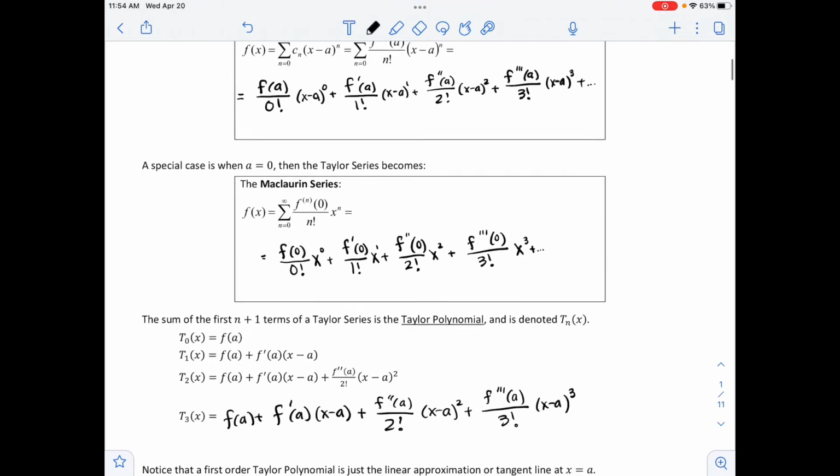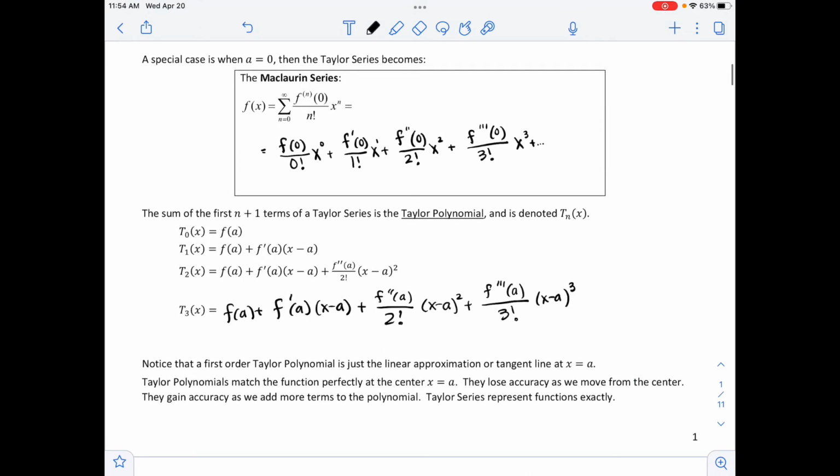A special case is when we have a is equal to 0, then our Taylor series becomes what's called a Maclaurin series, and we have f of x is equal to the sum from n equals 0 to infinity of the nth derivative of f evaluated at 0 divided by n factorial times x to the n, and again this is when a is equal to 0, a special case of our Taylor series.